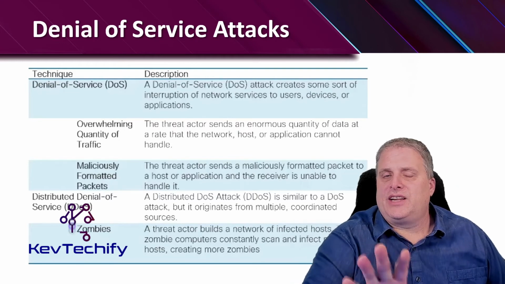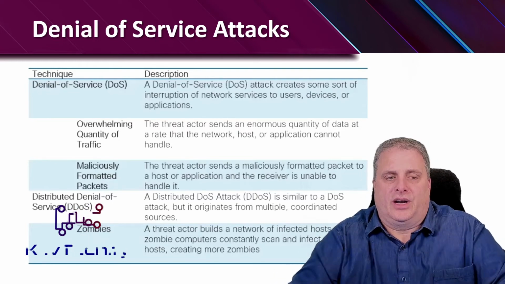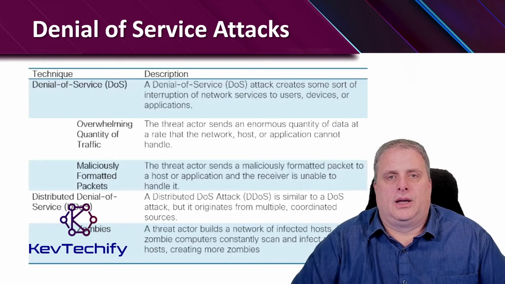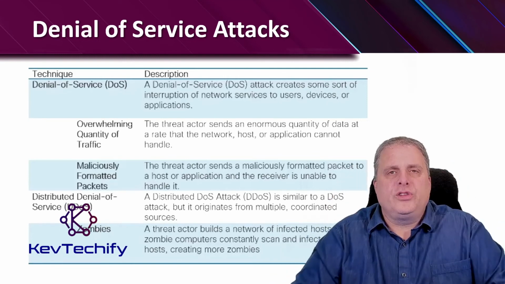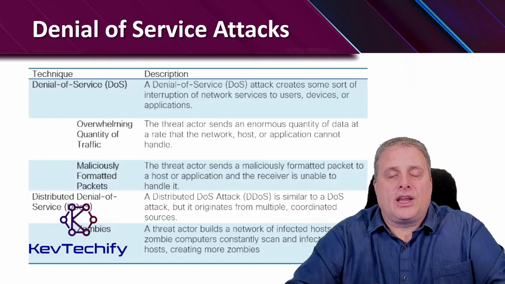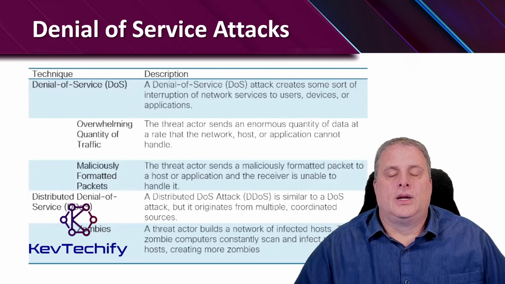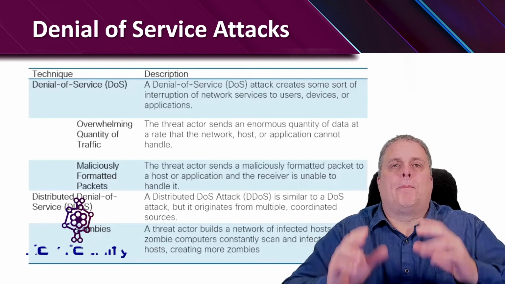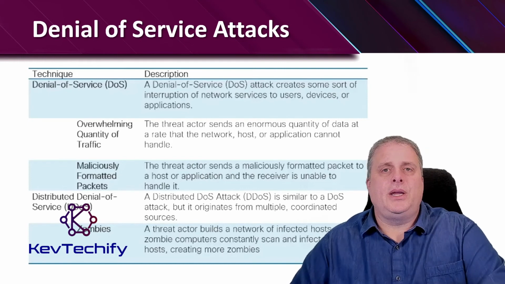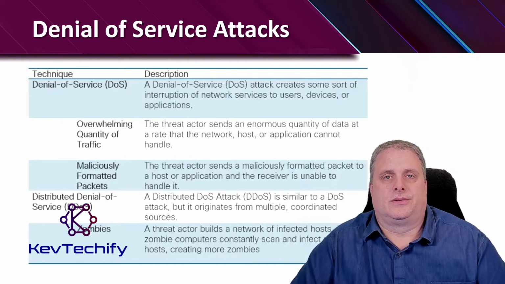We can change that denial of service attack to be a little bit different. It's called a distributed denial of service attack. And this is where we have multiple sources of threat actors hitting a target at one time. The common way this is done is using a botnet or a zombie. And a zombie is an infected host.